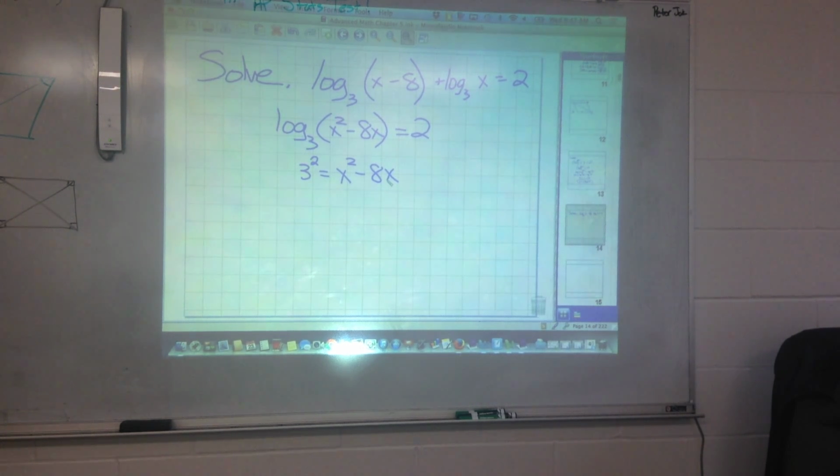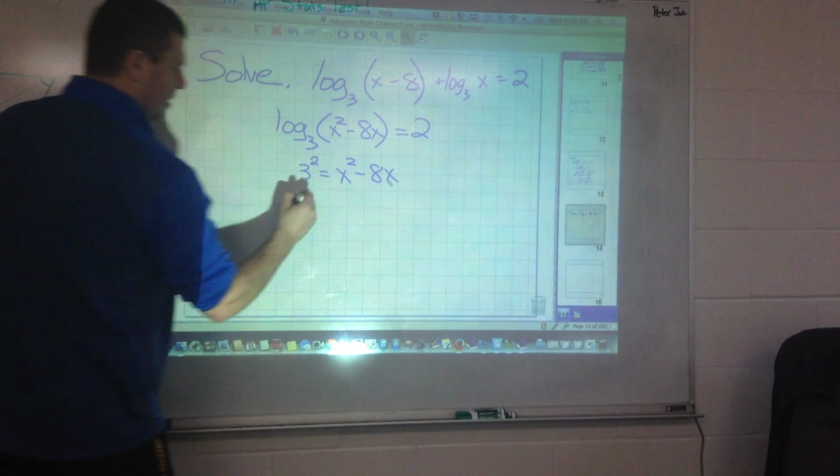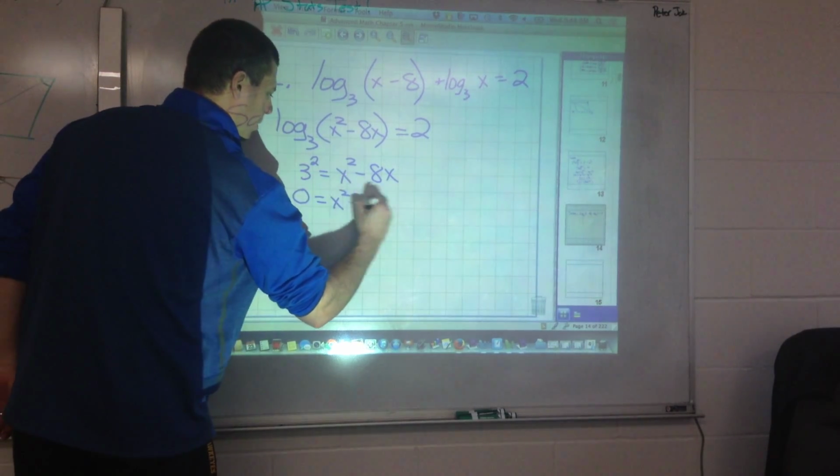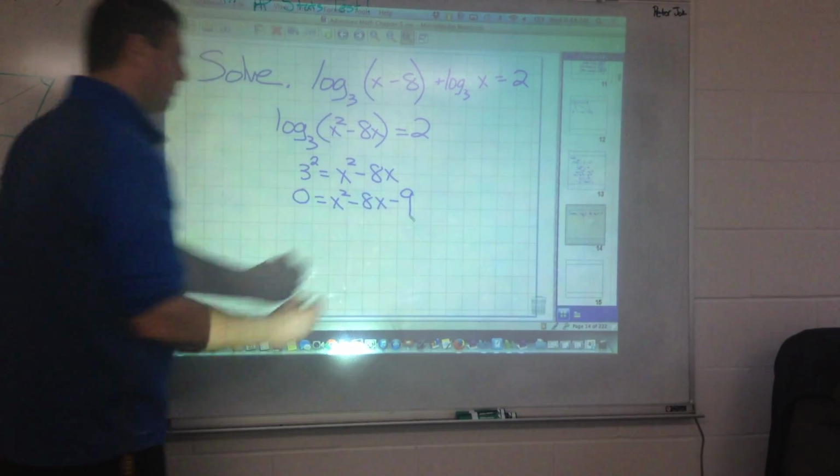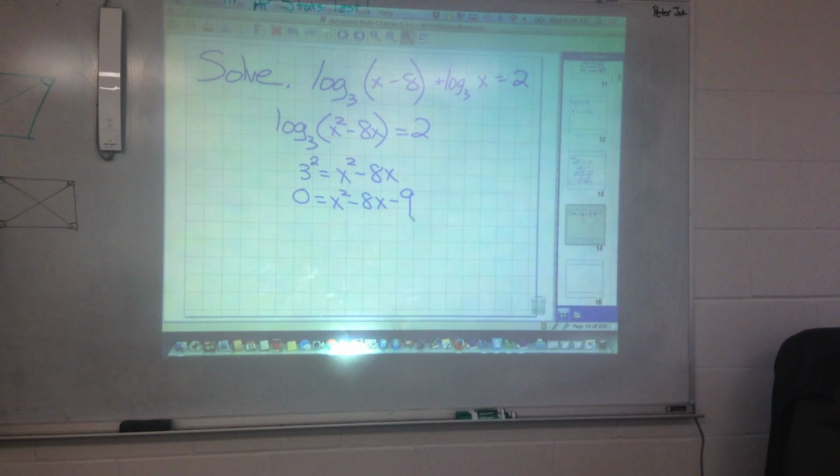Subtract 9 from both sides, because it's a quadratic equation right now. Anytime you have a quadratic, anytime you have an x squared, you want to set it equal to 0 and hope that it's factorable. Otherwise, you're stuck using the quadratic formula if you can't factor it. So 0 equals x squared minus 8x minus 9, because 3 squared is 9, and I subtracted 9 from both sides to get it set equal to 0.